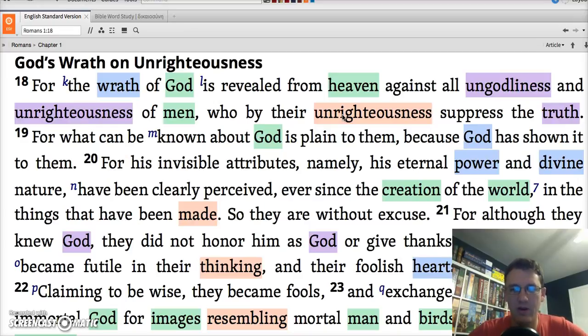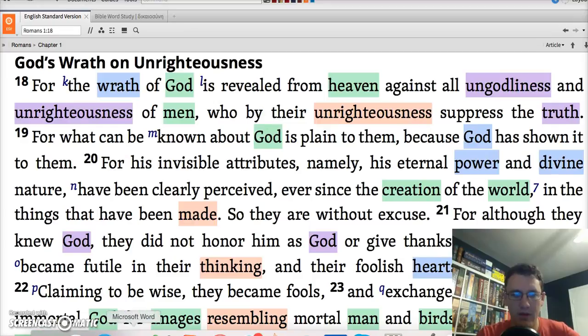And I hope you can see a fairly clear indicator as to how this is functioning: who by their unrighteousness. The word by is telling you that this is functioning as an instrumental dative. It is who, by means of their unrighteousness, suppress the truth.